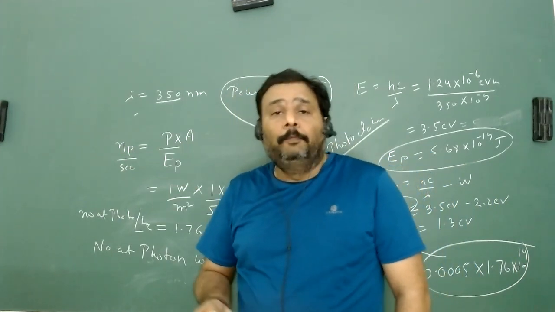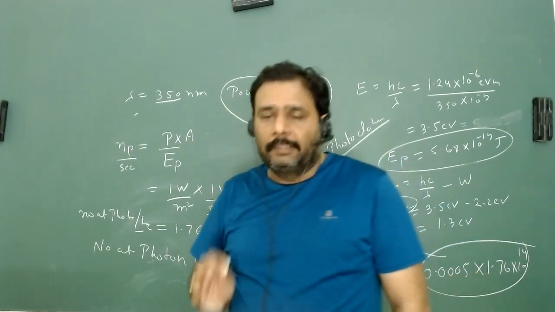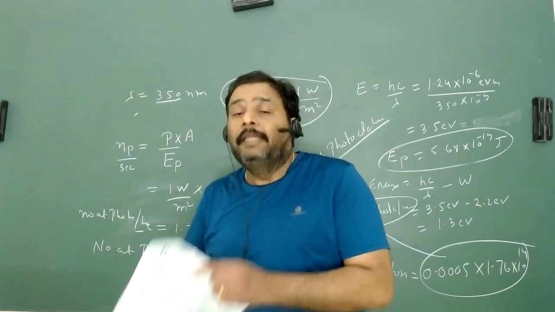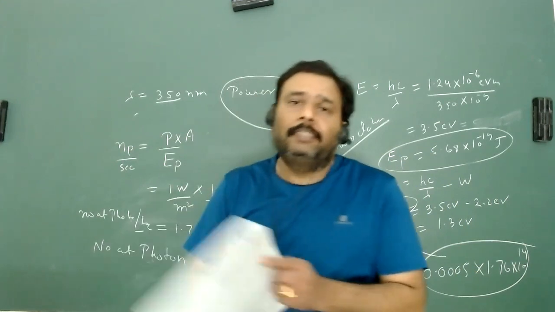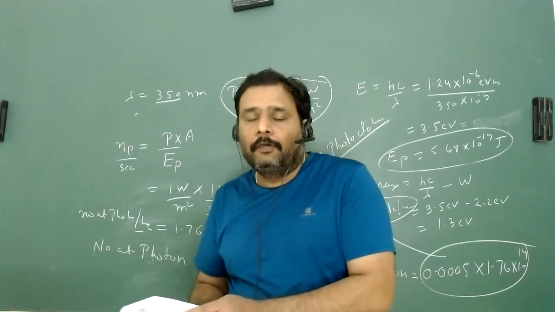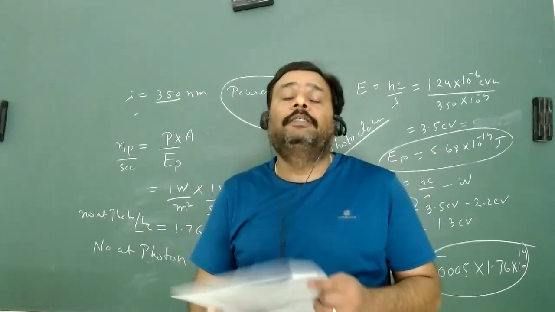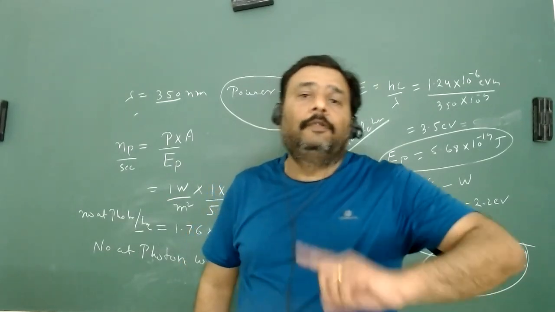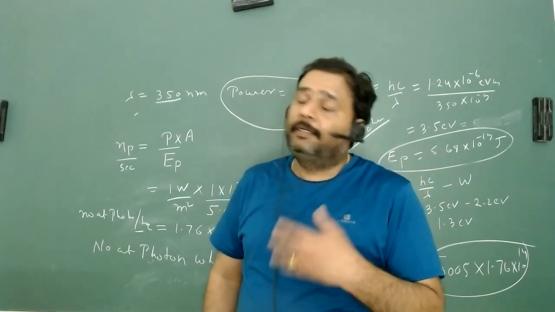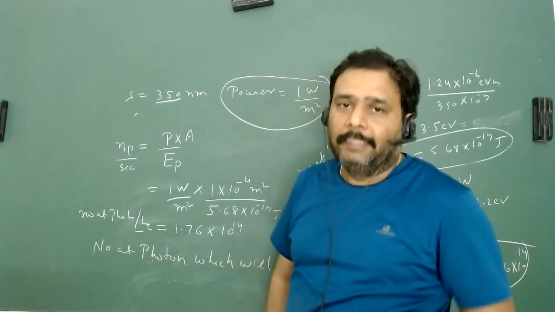But the beautiful part of this calculation is the number of photons. In the ideal case, if 100% of photons produce photoelectrons, the number of photons and the number of photoelectrons will be the same, because every photon will produce one photoelectron. This is the ideal case, but the data is realistic.